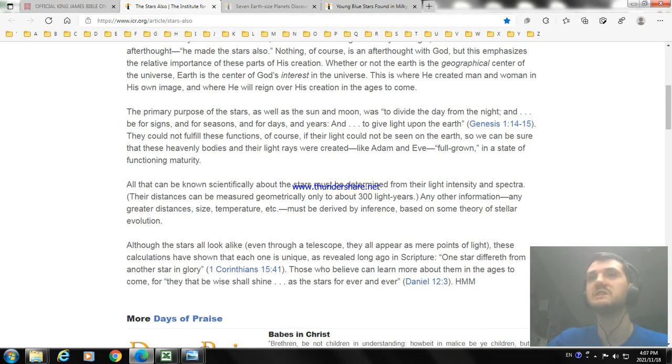All that can be known scientifically about the stars must be determined from the light intensity and spectra. Their distances can be measured by geometry only up to about 300 light years. Any greater distances, size, luminosity, etc., can be derived only by inference based on theories of stellar evolution.